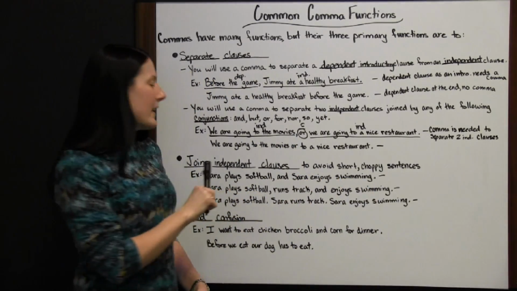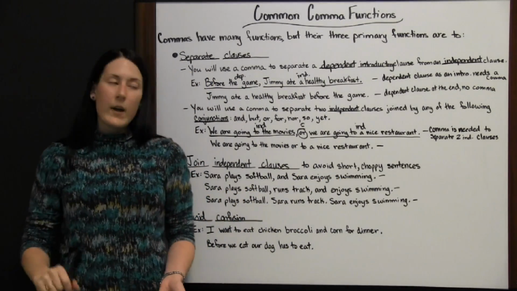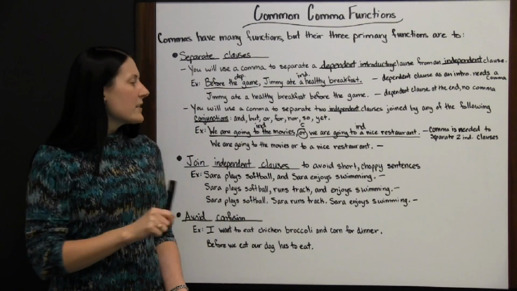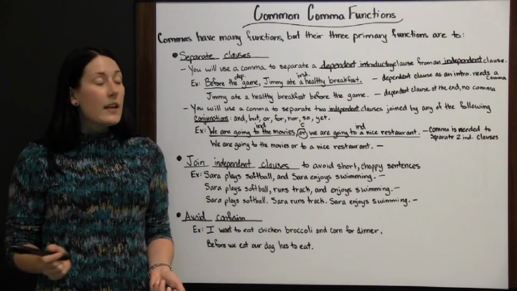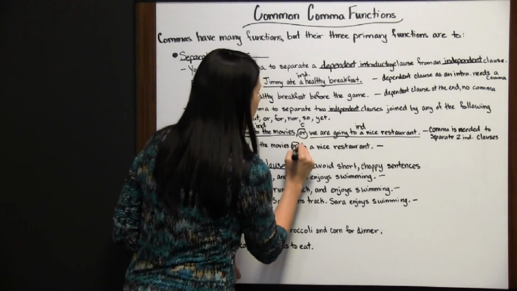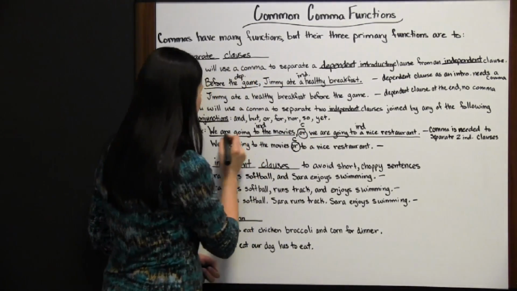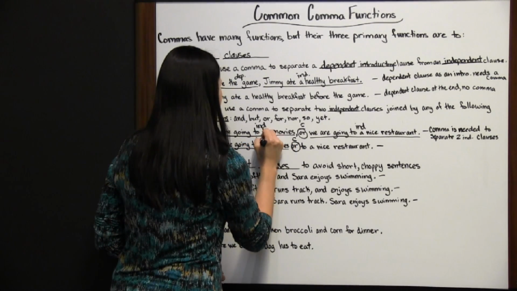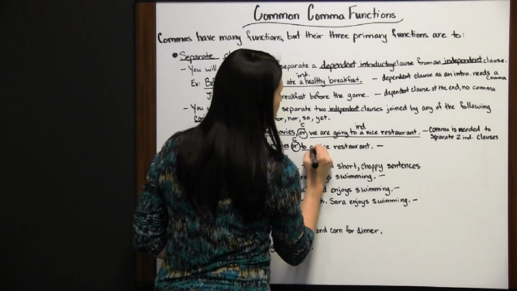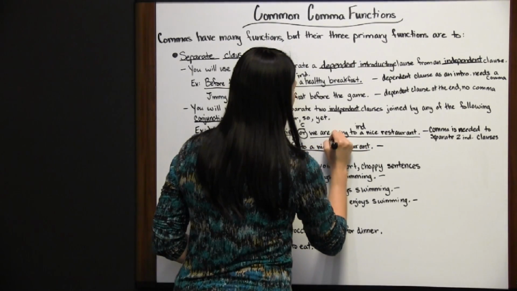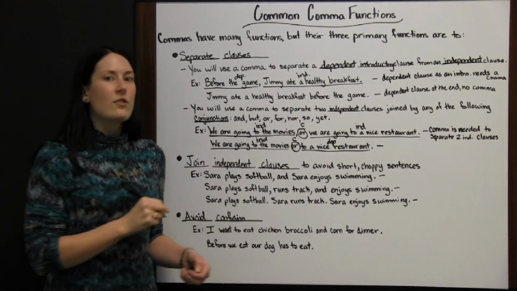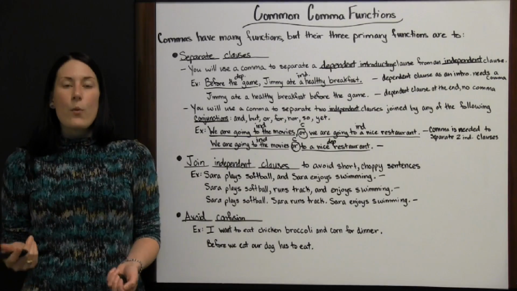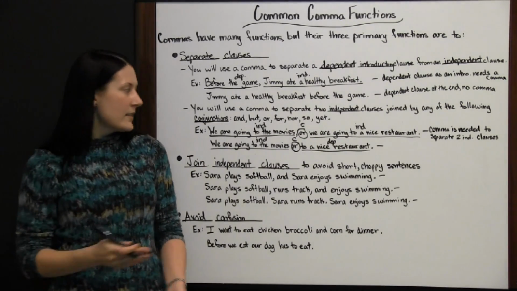Now, let's look at if we combine this sentence a different way. We are going to the movies or to a nice restaurant. Here, we have that or, which would be a conjunction, but let's look. We are going to the movies is an independent clause. To a nice restaurant is dependent. To a nice restaurant cannot stand by itself. We don't have a subject in that clause.